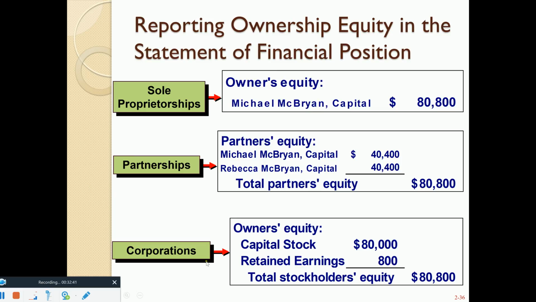In a corporation, we've got capital stock and retained earnings, and this is fairly similar to what we've seen so far in our studies in this chapter. If it was a partnership, each partner would have their own capital account. And if it was a sole proprietorship, the one owner would have the one capital account. Okay, so once again, we're going to study and concentrate on the corporate form of business for accounting.